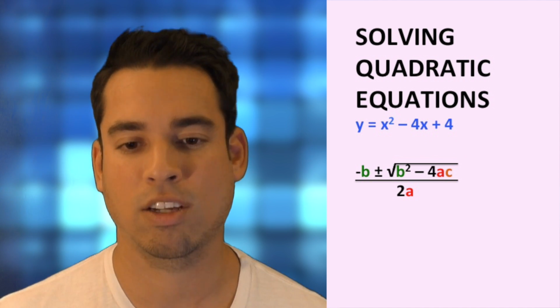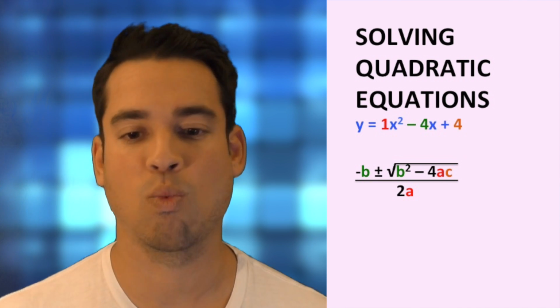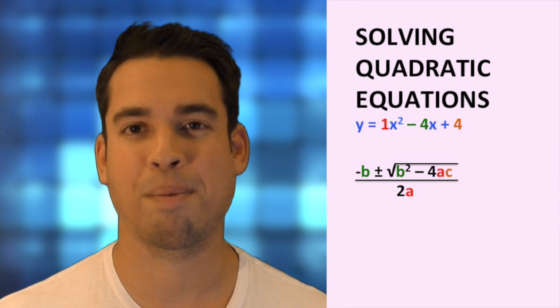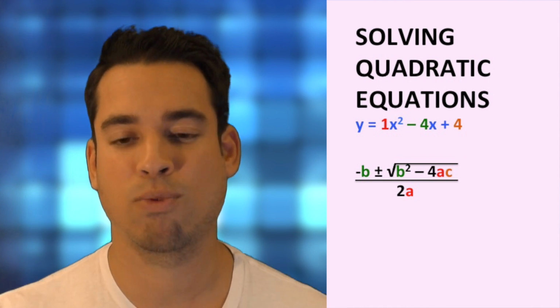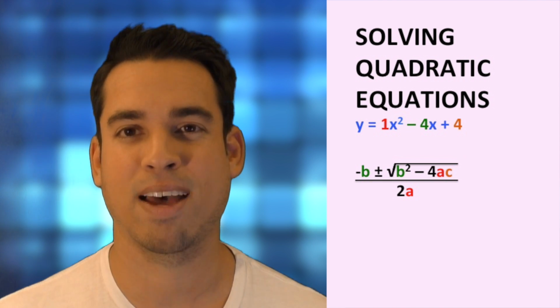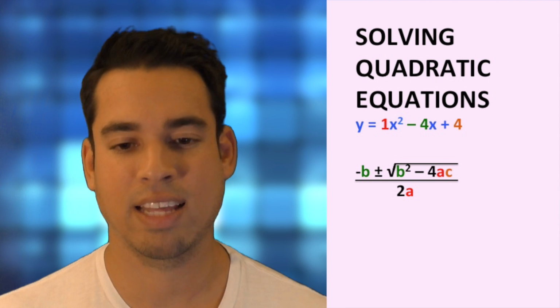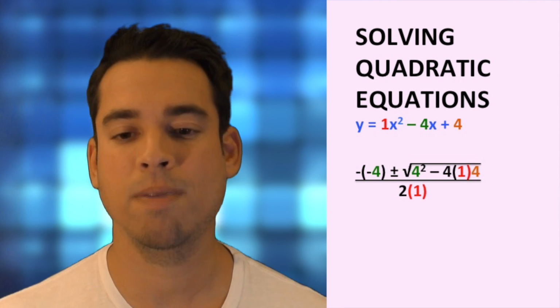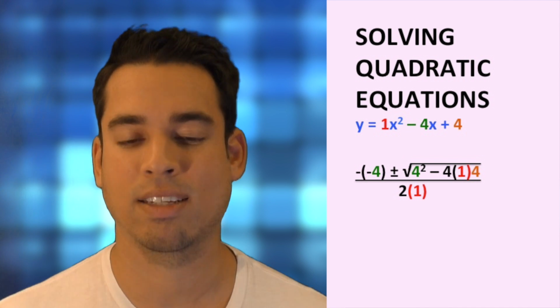So let's go ahead and color code our coefficients for this equation. So we've got 1 as a, -4 as b, and then we've got +4 at the end for our c value. So let's go ahead and plug all these values in, right? So we're putting that -4 in wherever we have a b, the 1 in wherever we had an a, and the 4 in wherever we had a c.